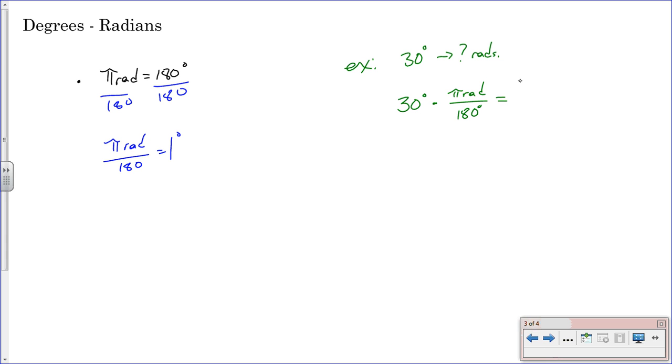So that leaves us with 30 pi radians over 180, because the degrees cancel out, leaving us with just radians.